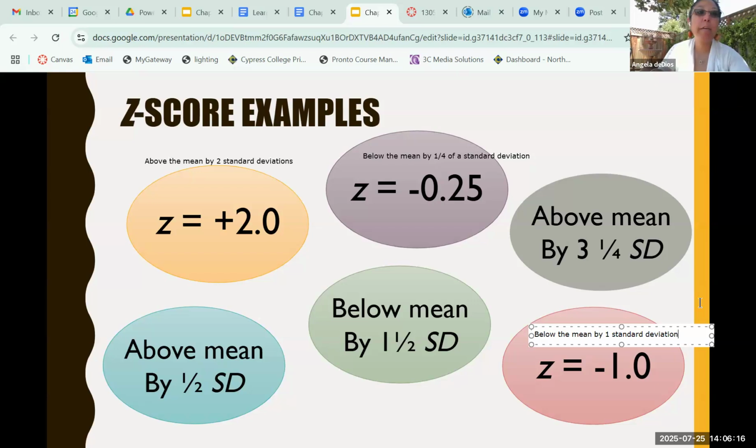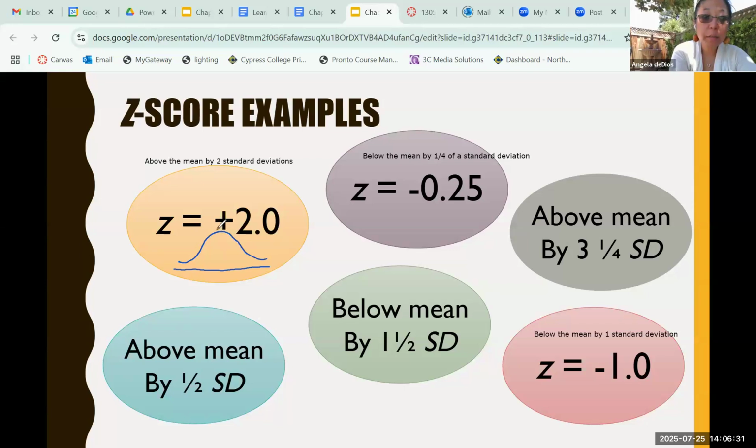Now, the other thing that I want to point out here is that you can actually locate where it is if you draw a distribution. One of my favorite things is to draw. I think that it really helps us to visualize. So if I were to draw a normal curve here, this one is above the mean by 2 standard deviations. So this is 1 standard deviation. There's 2 standard deviations. So this z-score of +2 is right about there in this distribution. Let's draw this one.